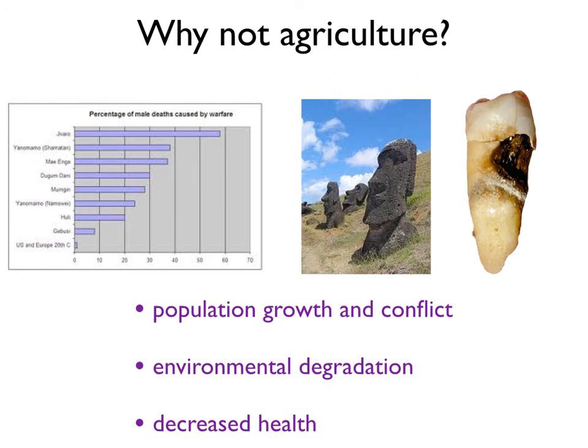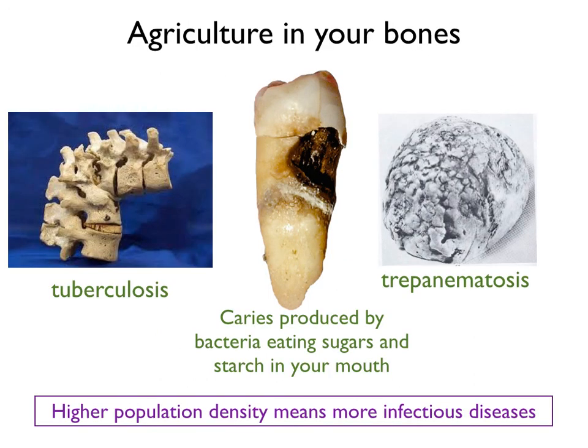Environments can become degraded and no longer producing crops. And people living together give each other diseases. So we often see decreased health, like tuberculosis, otherwise known as consumption, cavities, sexually transmitted infections, like this is a brain on syphilis.